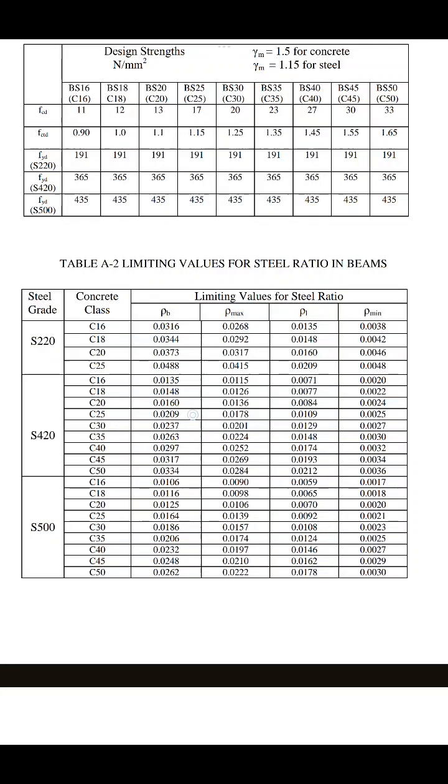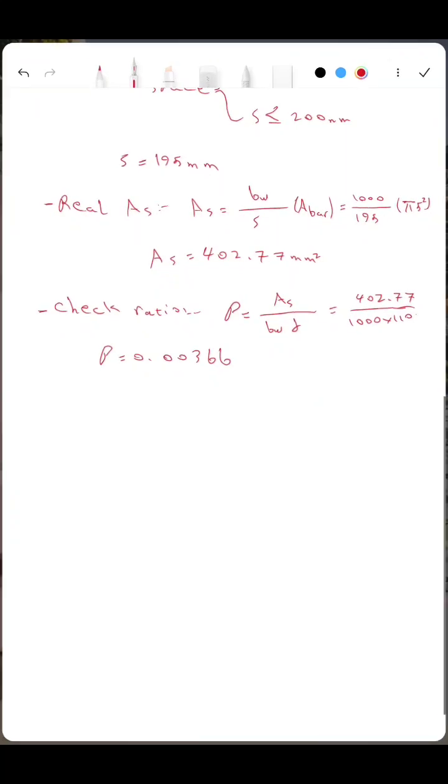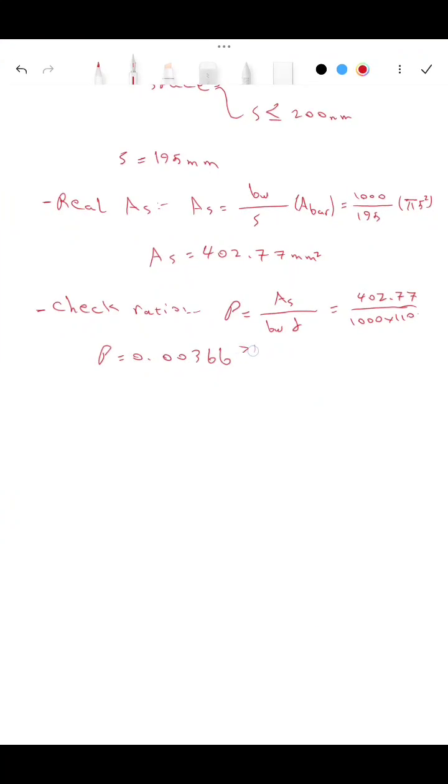According to this table, the ratio maximum should be 0.0178 and the ratio minimum should be 0.0025. So in this case, the value I have is bigger than the ratio minimum and smaller than the ratio maximum. So, okay, it should be like this.